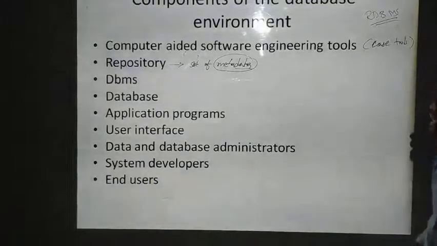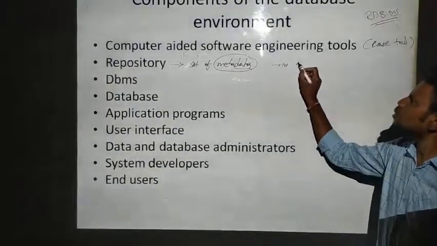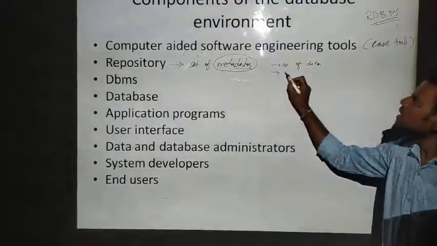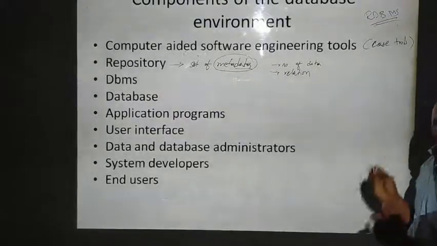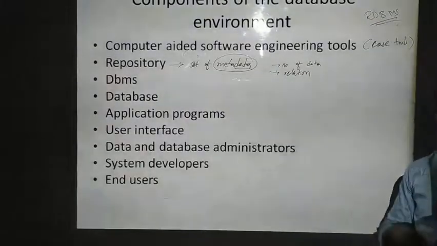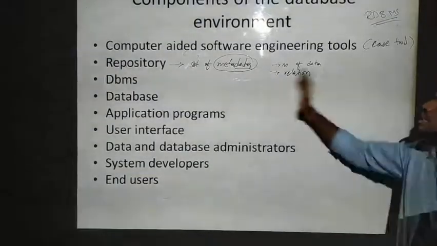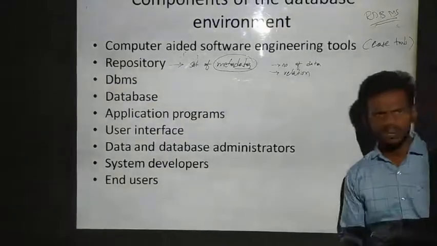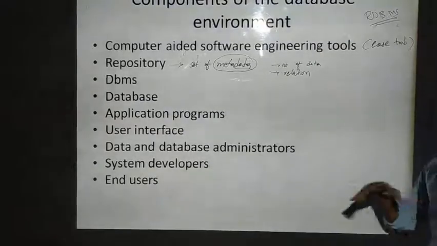It stores how much data we are storing, and what the relation is between the data, that is, how the data is related to one another. That information is maintained by your repository, so that you need not program anything about the way we are linking or interrelating our data.